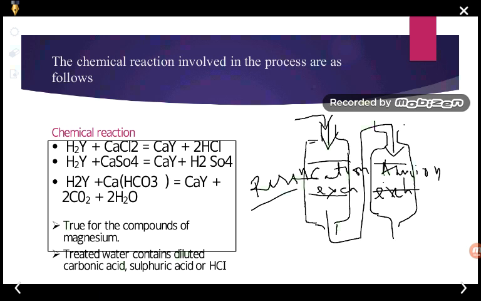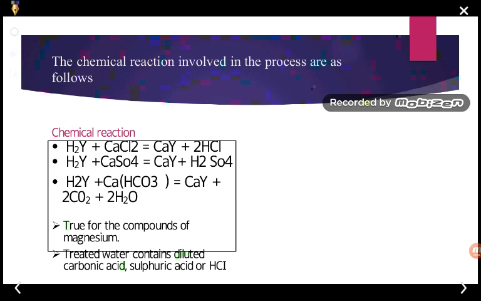So you can say that in this process both the cations and anions present inside the raw water are removed, and that is why it is said to be deionized water. The water does not contain any type of minerals, either the cations or the anions.